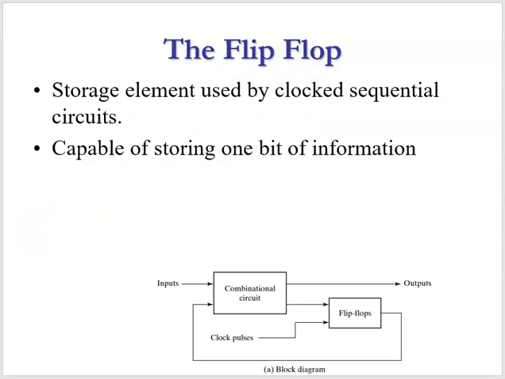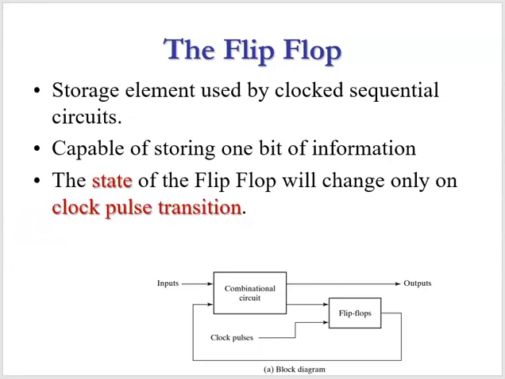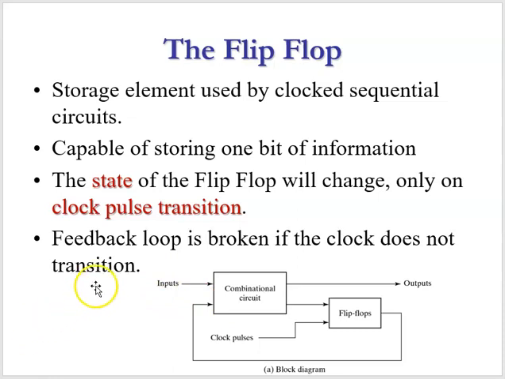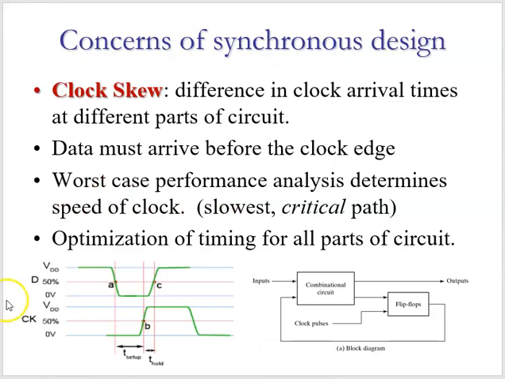It's capable of storing 1 bit of information, and the state of the flip-flop will change only on a clock pulse transition, where the signal goes from high to low or low to high. The feedback loop is broken if the clock does not transition. This is key. We'll look at this more later, but it is fundamental information.